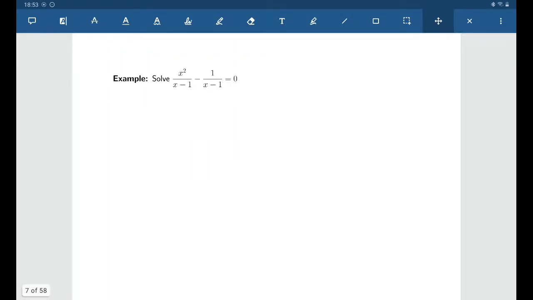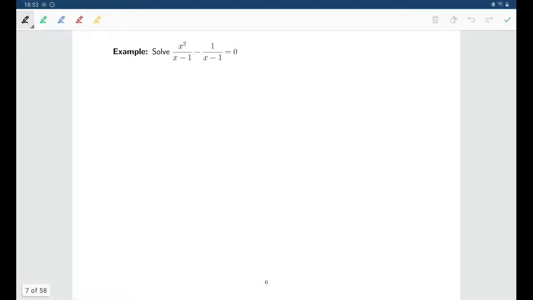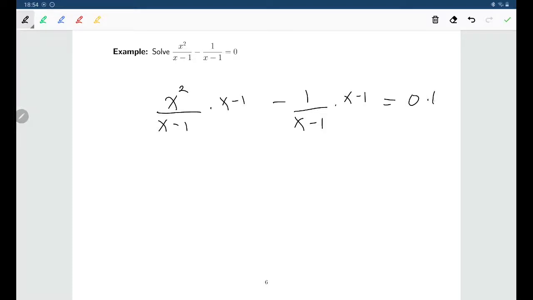So, for example, something like this, if you were looking at solving it, you might say, oh, I could make my life easier by multiplying everybody on the left side and on the right side of the equation by x minus 1. And of course, on the left side, all of those x minus 1s would cancel.